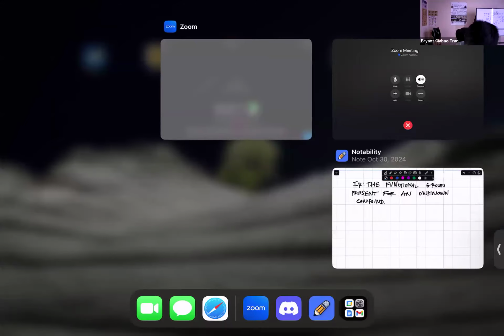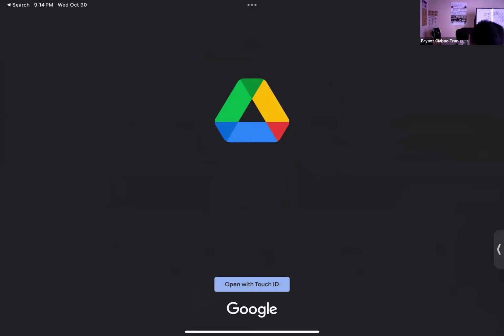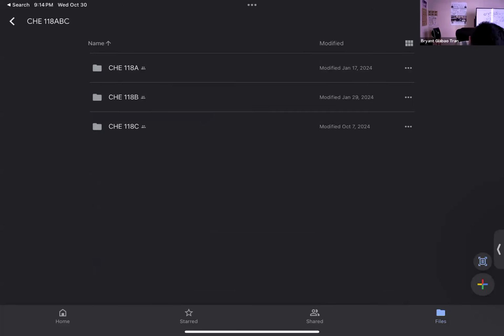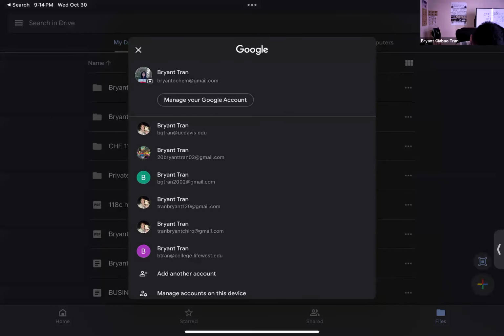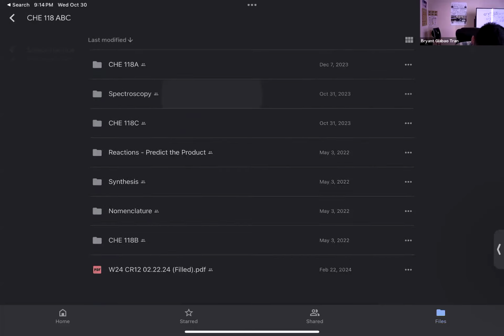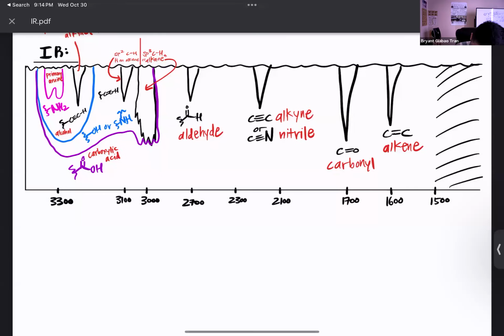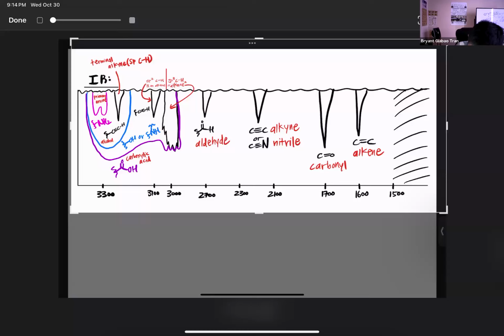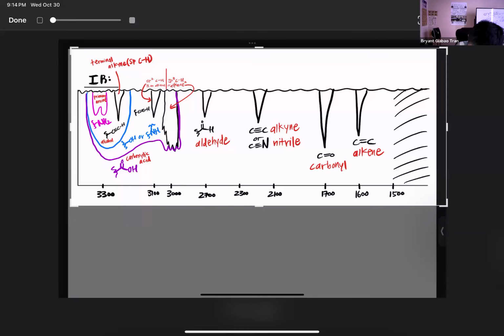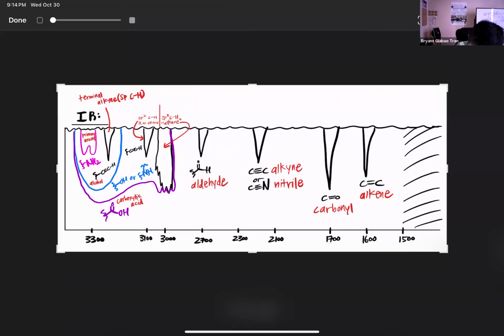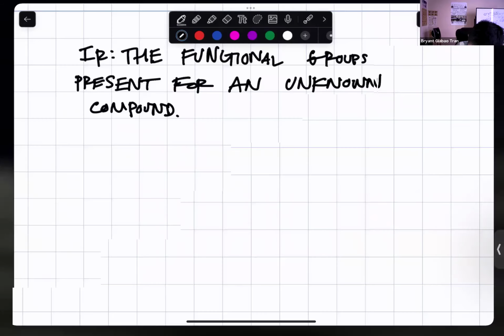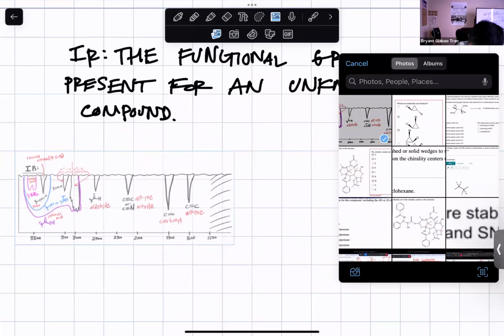So I'm going to show you my IR chart that I look at, or think about when I think about IR. It's this one here.